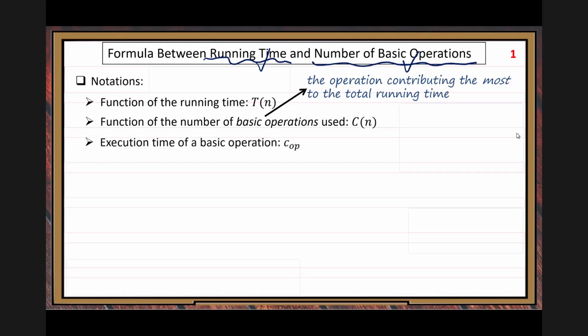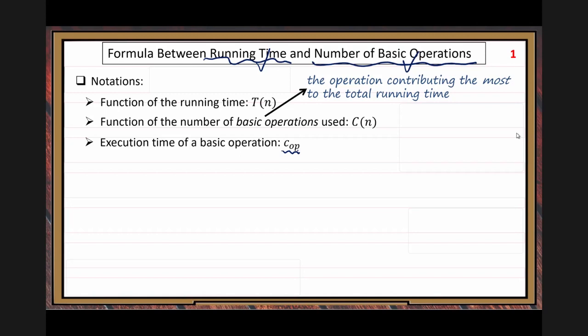Then, to establish the relationship between these two functions, we need this number: the execution time of a basic operation. We use the constant c op. One basic operation, you clock it on a machine, so you should get some number, right?